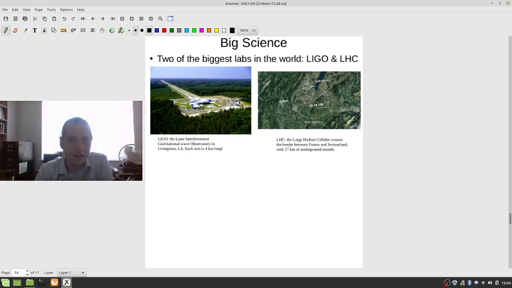Right now, they're agitating to build a super LHC with a 100-kilometer long ring. If you think about it, to have 100 kilometers with a very high vacuum, all surrounded with superconducting magnets, it's quite a project. I don't know that they're going to get it made. What can I say? I wish them luck.